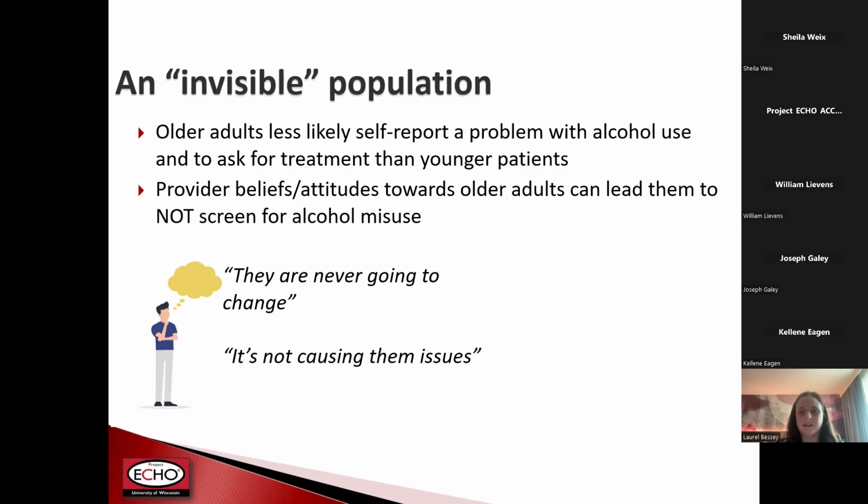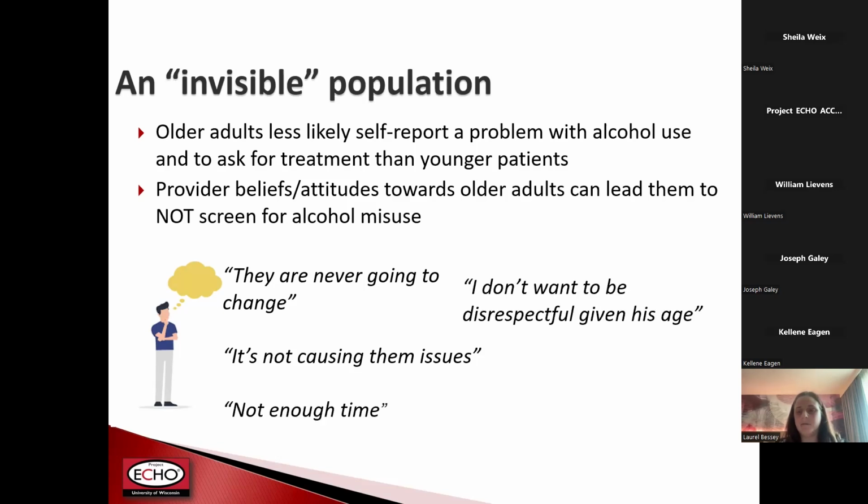And Nada, if you want to click through a few more. One study I looked at showed some of these attitudes being common among doctors. If they're this age and they're behaving this way, they're never going to change. They made it this far, it's not causing them issues. I don't have enough time in a visit. I don't want to be disrespectful given the person's age, asking about their substance use history.